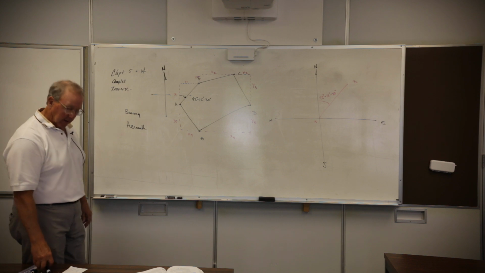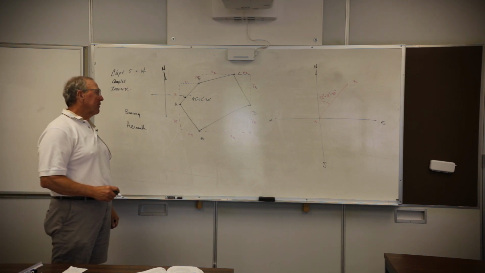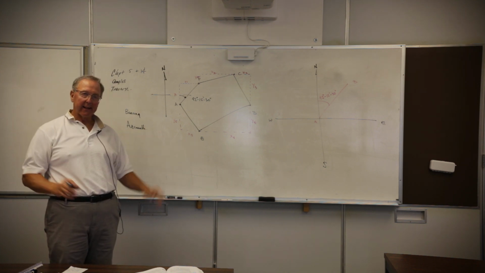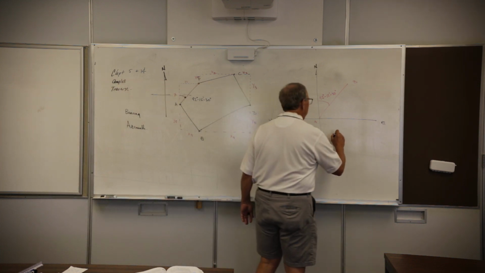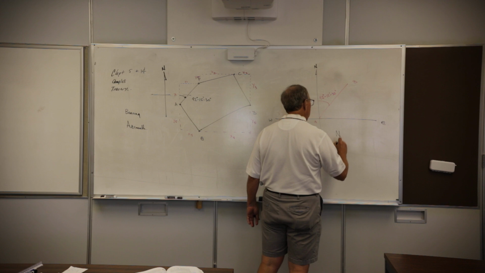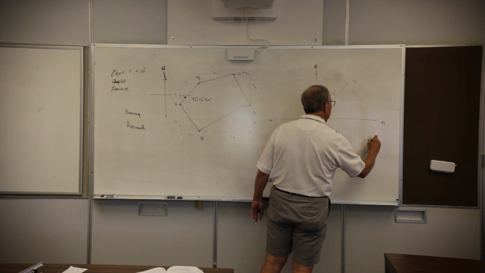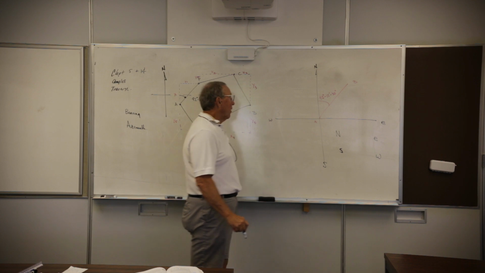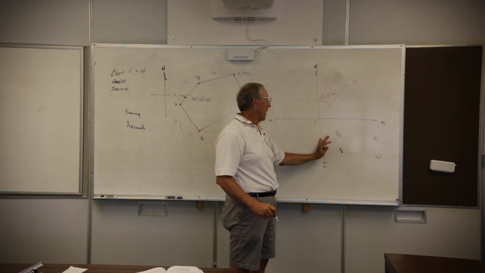Okay, to define a bearing, the bearing is always defined with a beginning letter and an ending letter. So, if I start out with N or S, and I end in E or W. Okay, so I'm going to start at this line or this line.